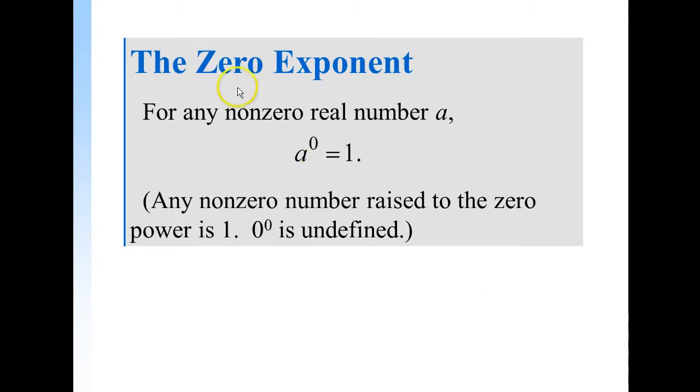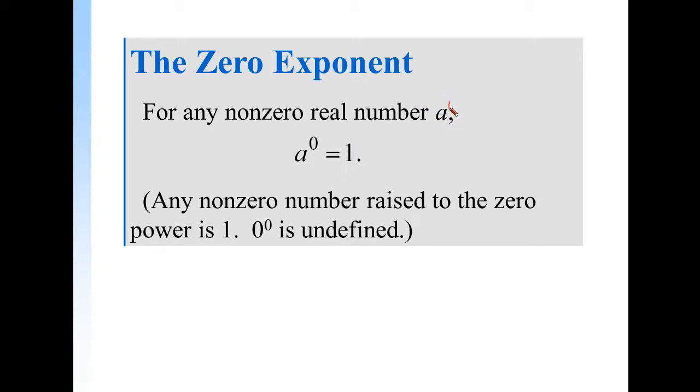Another major item here is the zero exponent. Now we had said always if a number in the form of a variable is like this, does this have an exponent? And we said yes.